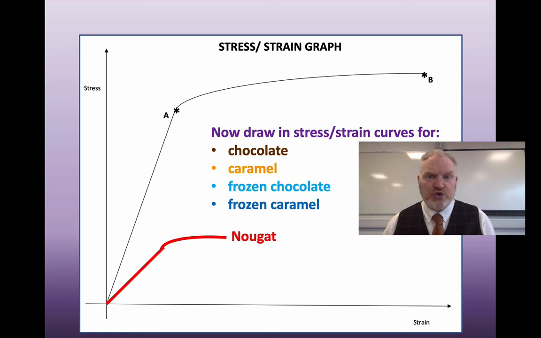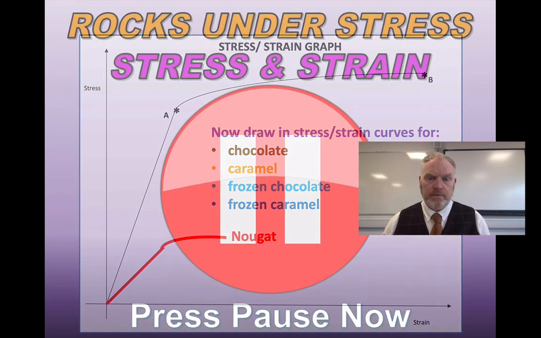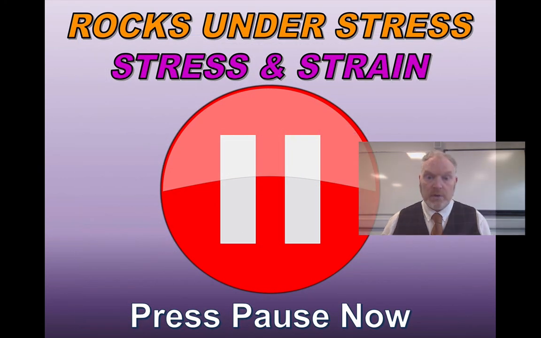Think about how much stress it took to deform those materials. Think about the strain that they demonstrated in that video. Once you've done that, then explain your decisions. Why have you drawn curves like that? So press pause now and have a go at that.